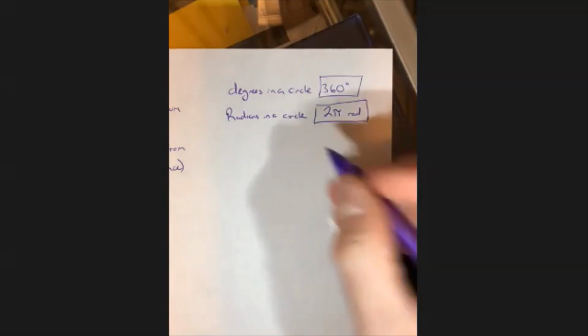So if you ever need to convert something, you use this relationship and you set up a proportion. So with conversions, I know 360 degrees is equal to 2 pi radians. And I'm not even going to put the radians because, like I said, we're assuming this is true.